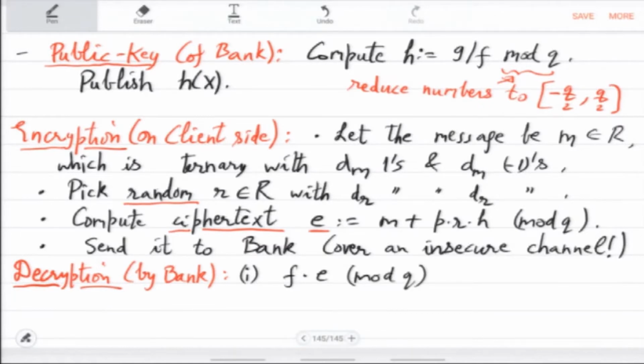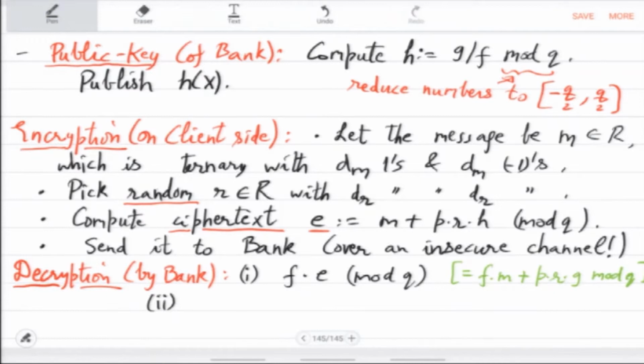Okay, so what is f times e? The bank obviously knows f, that's a private key. So f times e is f m plus f times p times r times h. f h is g, so this is p r g. Okay, so that is step 1.